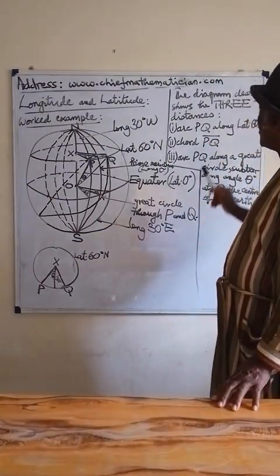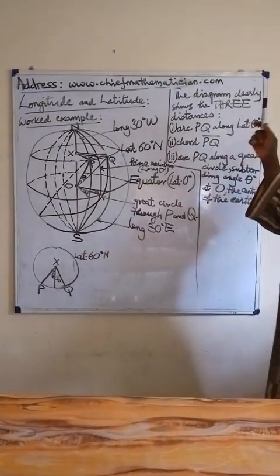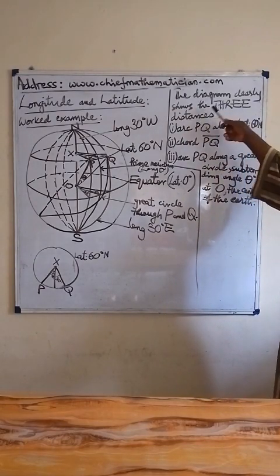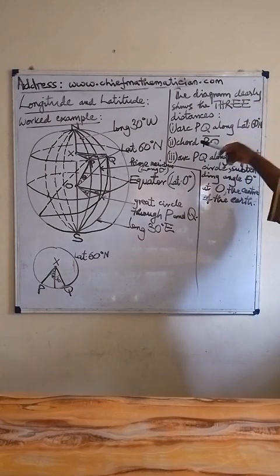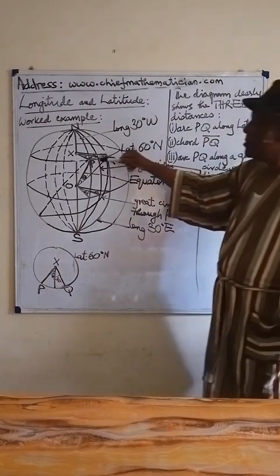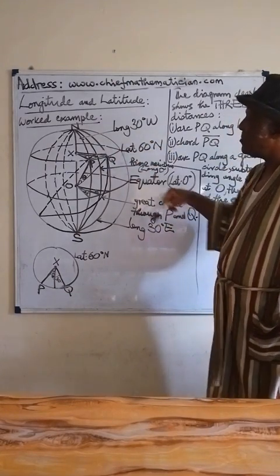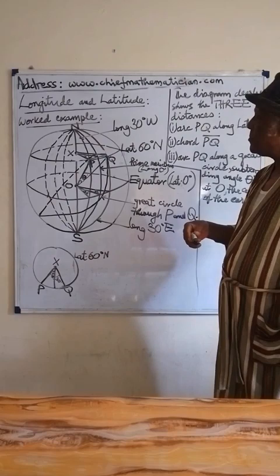Now, I want you to see clearly that the diagram clearly shows the three distances. The arc PQ along that circle of latitude, arc PQ.